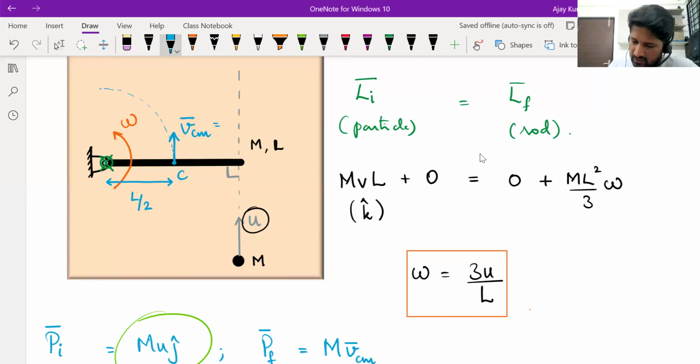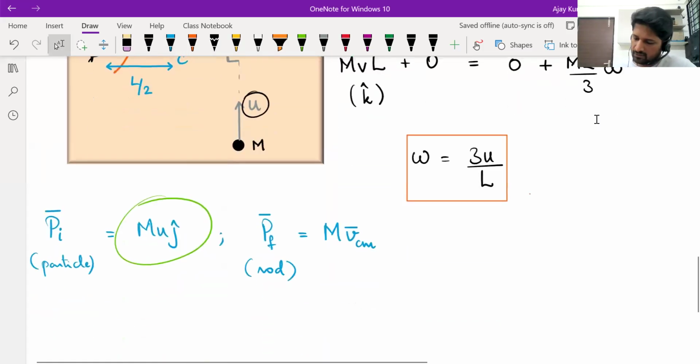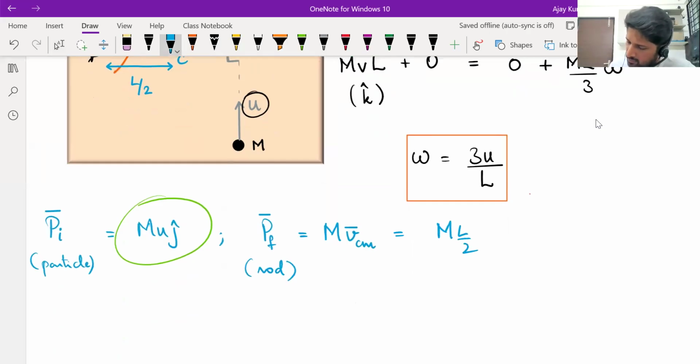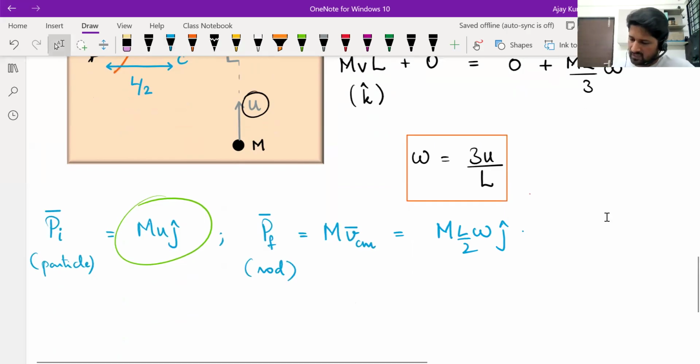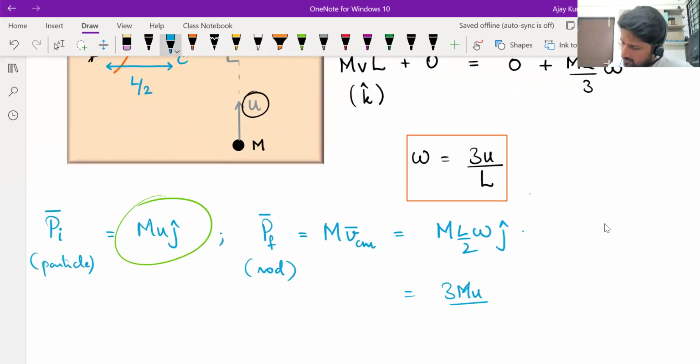Therefore, this v cm becomes L by 2 into omega, and the direction you can assign is j cap. Therefore, the final momentum of this system is m L by 2 omega j cap. And omega is 3u by L, you can substitute that. Therefore, it becomes 3mu by 2 j cap.